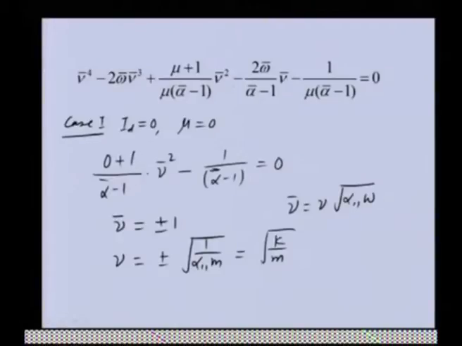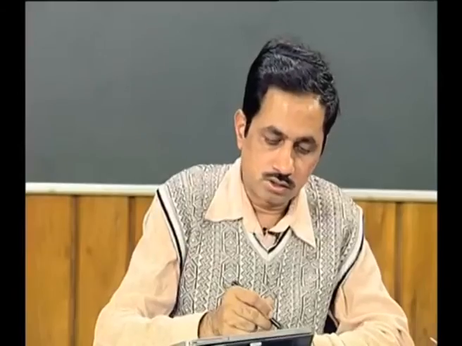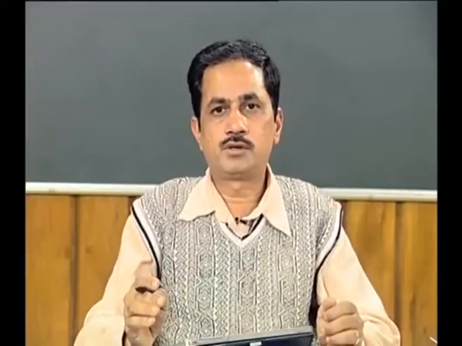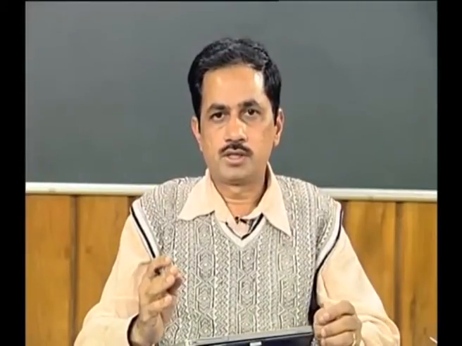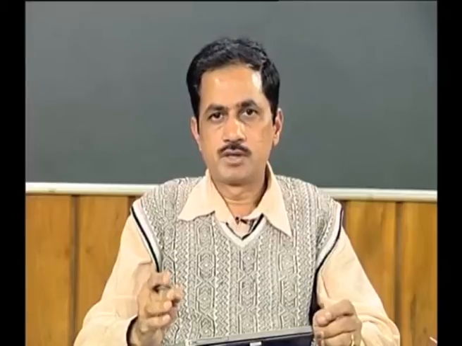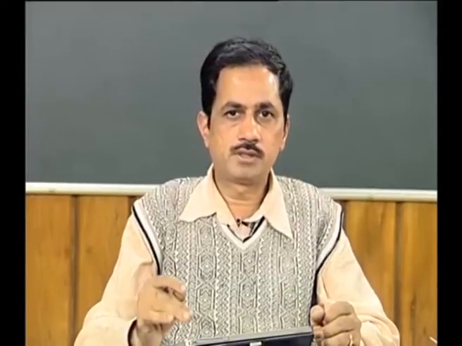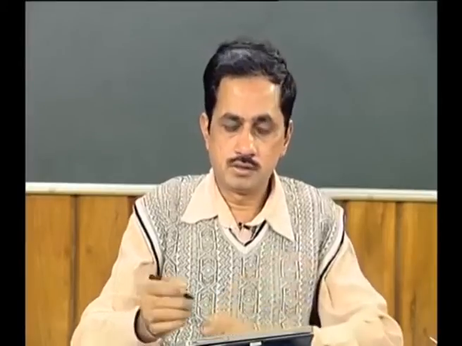So, I will take a second case in which alpha bar is equal to 0, the elastic coupling parameter is 0. That means, in this particular case, when we give a linear displacement, the angular displacement does not take place, and when we give an angular displacement, linear displacement does not take place. This is a very special case.